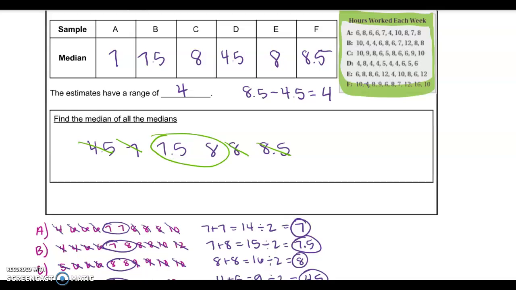Our middle number is 7.5 plus 8, which gives us 15.5. Divide that by 2, and our median of all the medians is 7.75.